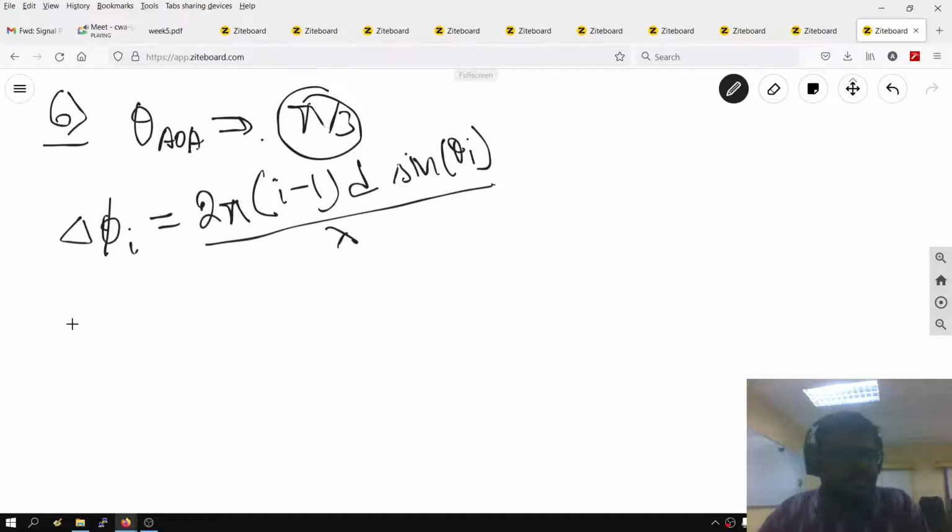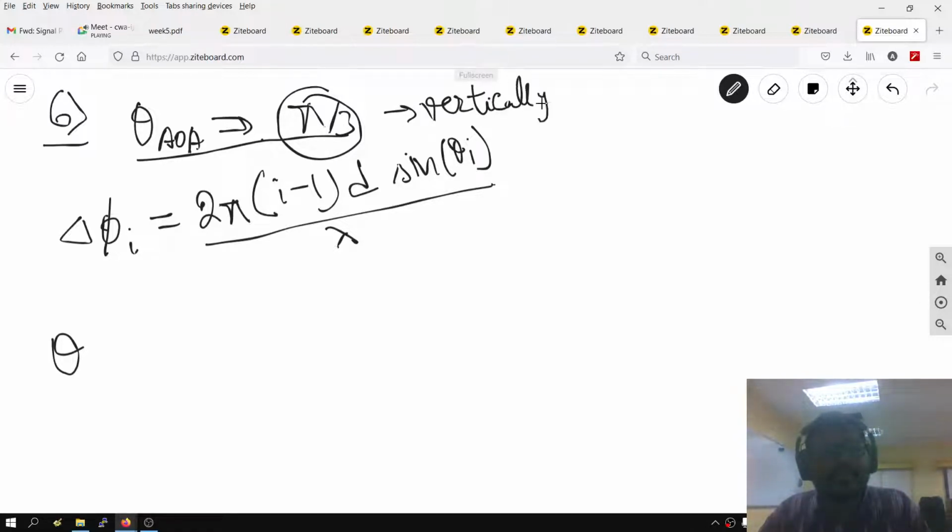So here, what is theta? This is pi by 3, but this is vertical. So theta i will be pi by 2 minus pi by 3, that is pi by 6.